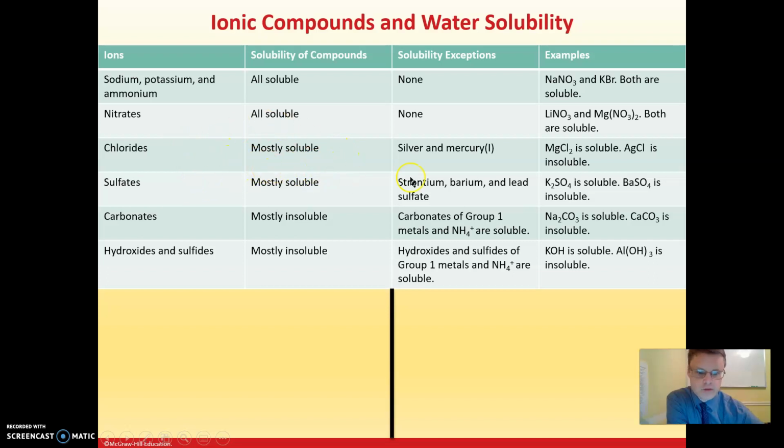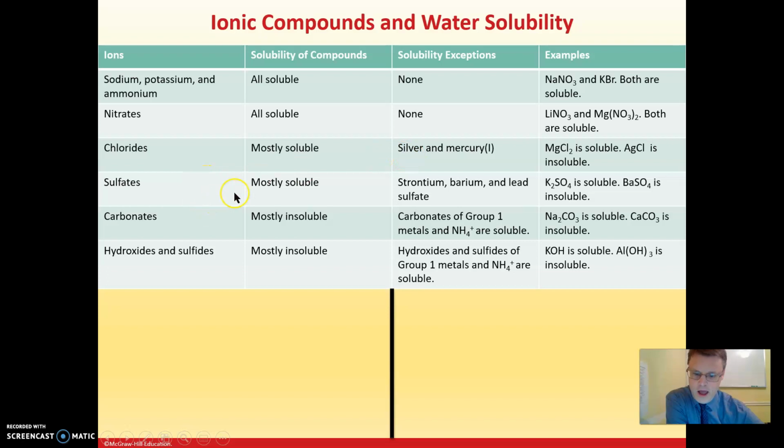However, there are a couple of exceptions. If it's a silver chloride or a mercury chloride, it's going to be insoluble. So magnesium chloride would be considered soluble, while silver chloride would be an exception because it has that silver cation.